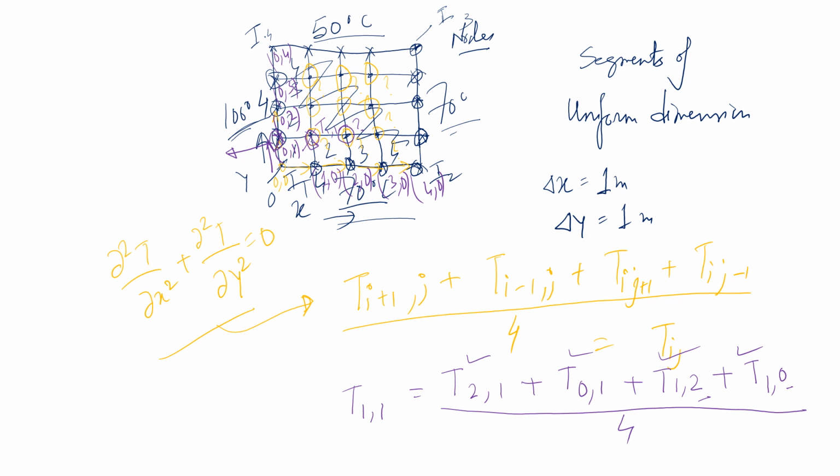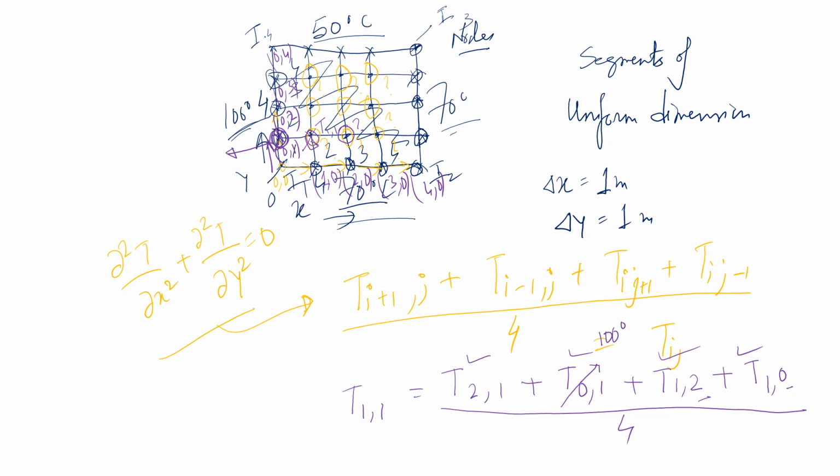And all the points at the edge will be at the same temperature. So this T01, x is 0 and y is 1, will be your 100 degrees centigrade, because I is 0 but J is 1. So this will be 100 degrees centigrade.